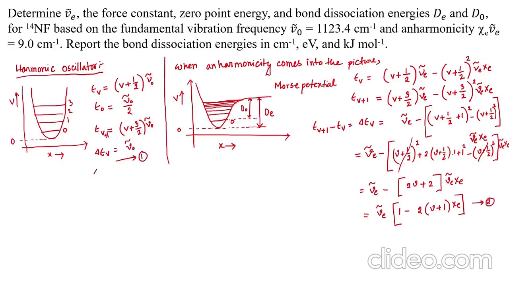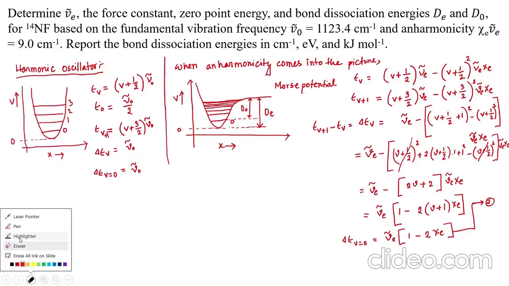So suppose delta E when V is actually 0, then it is this, and if V equals 0 it is going to be mu E 1 minus 2 hc. So this is your equation 2, and this is equation 1.